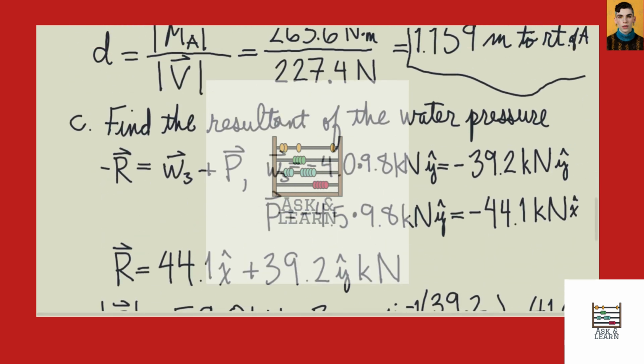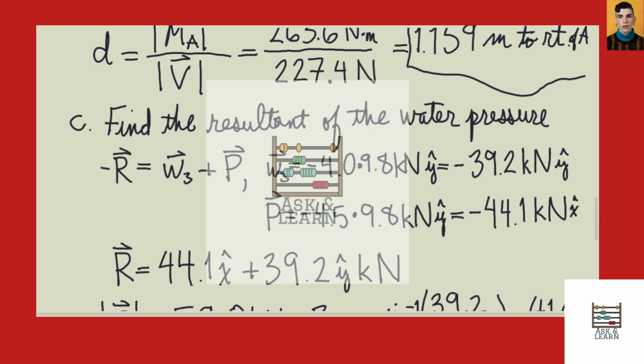So we're going to get a vector sum whose angle is going to be in between those two vectors. Adding these vectors together, we have 4.0 times 9.8 kilonewtons in the y direction for W3, which turns out to be negative 39.2 kilonewtons in the y direction.